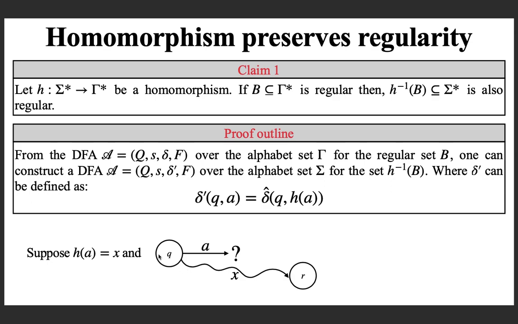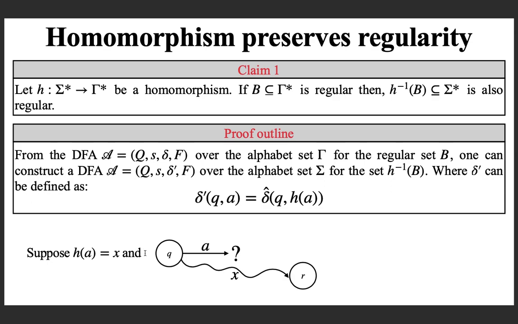And you see where this x is going in the DFA for B. DFA is complete, it must contain paths for each and every string. So you look at where the path for x ends from q. What is x? x is the homomorphic image of a.